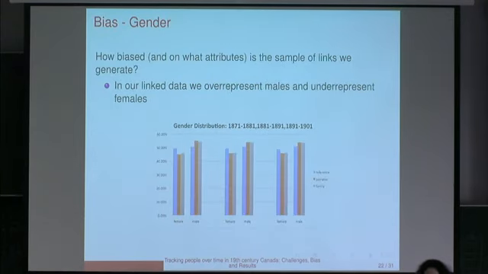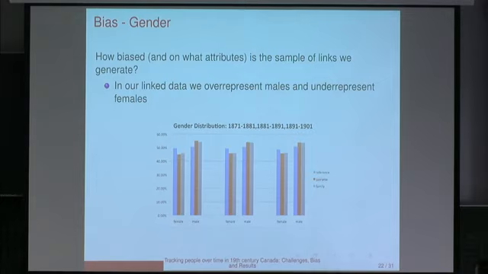But now the real question is, did we introduce any bias? How does the distribution of the links that we're producing compare to the distribution of the census that we're linking from? Here I'm going to show you some results, looking at just some attributes. For all the graphs, I'm going to show you the distribution, with 3 groups for the 3 linkages that we've done.